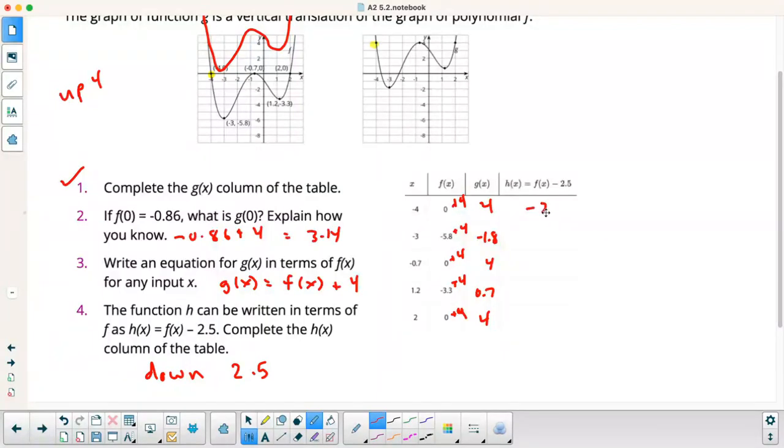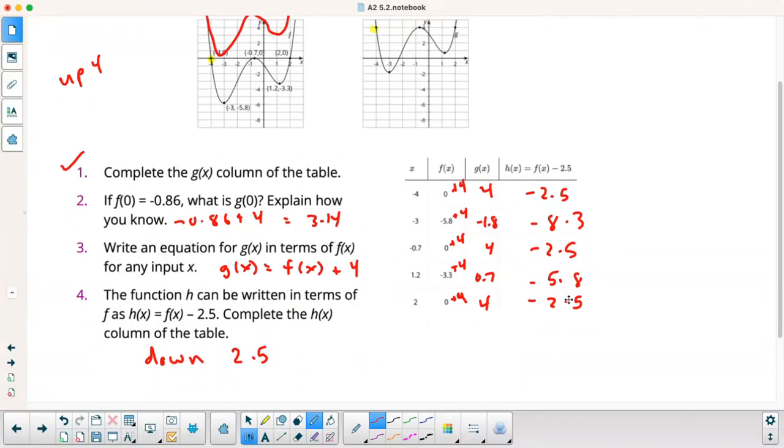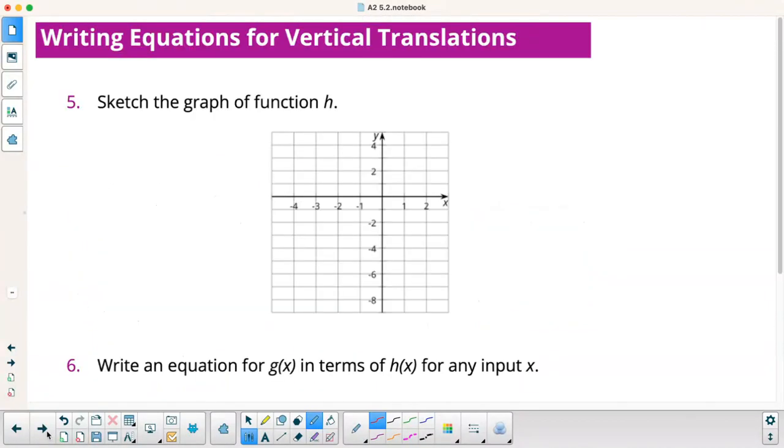So we're going to subtract 2.5 from all the y coordinates. So this is going to be negative 2.5. This is going to be negative 8.3, negative 2.5. This is going to be negative 5.8, and negative 2.5. All right, sketch your graph of h.